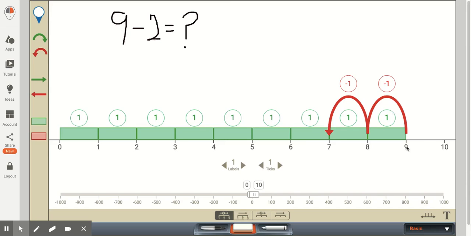So if we look at it on a number line, we start with 9, and we're going to subtract 2, or we're going to count down 2. So when we count down 2, we go from 9 to 8 to 7. So 9 minus 2 would be equal to 7.